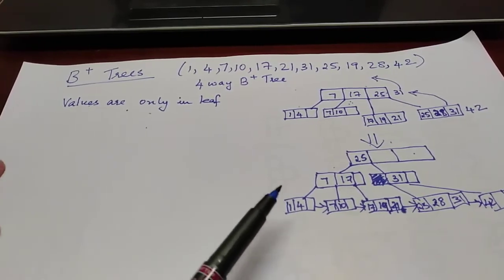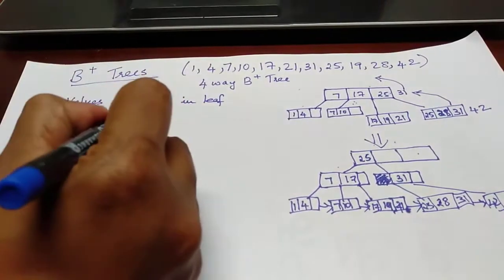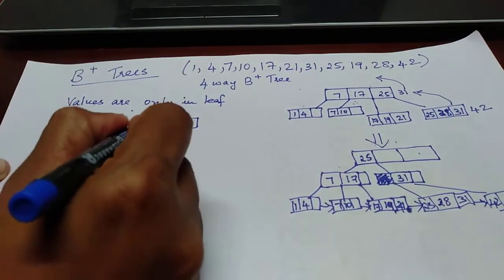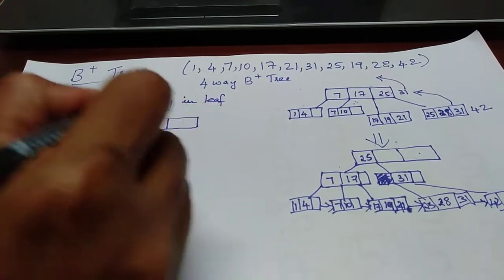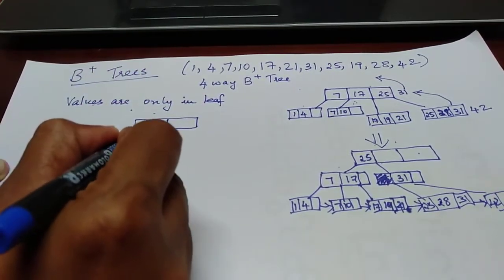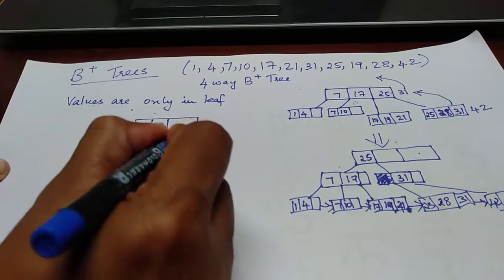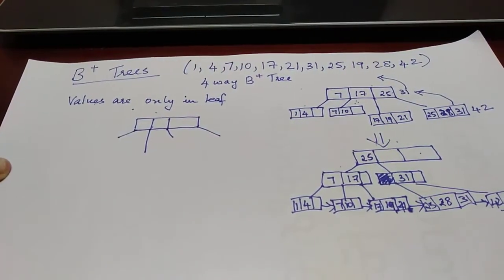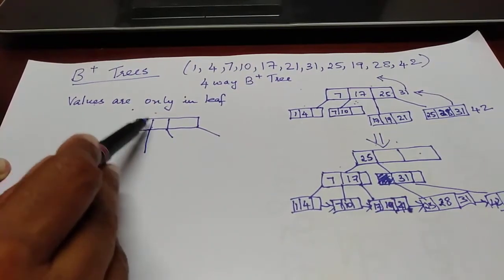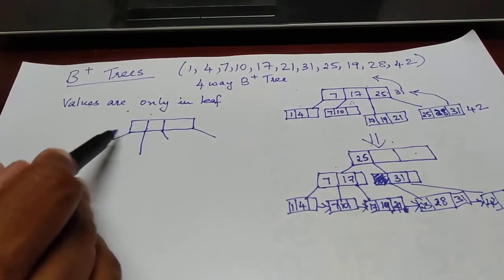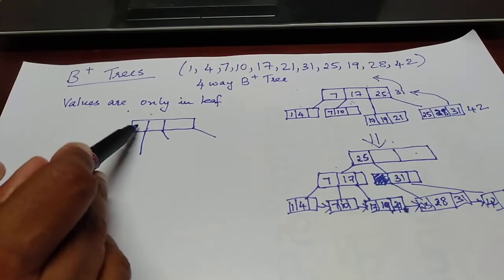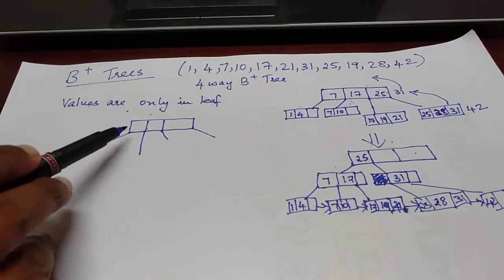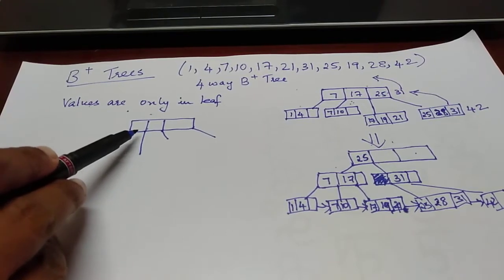Now let's begin. To begin with, we already know that each node can have only 4 children nodes. Remember that B plus trees and B trees are a variation on binary search trees, so the same rules follow.